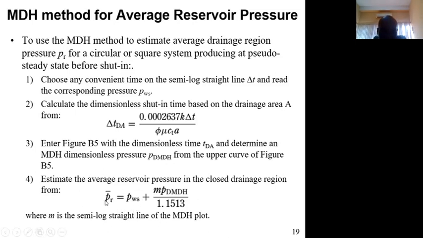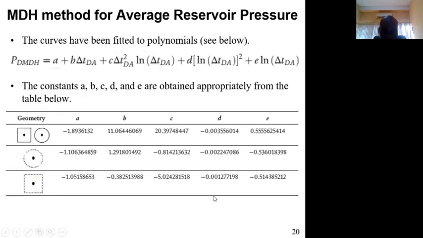For the MDH method, you do not use the false pressure directly, even though it still comes in somewhere in the equation.